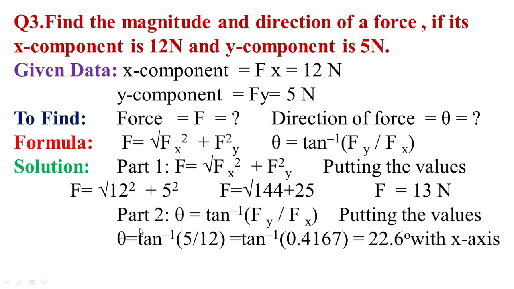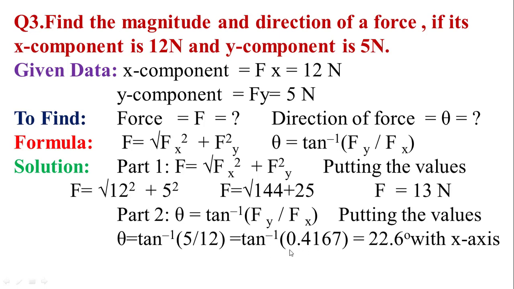Now in part 2 we find the direction theta. Theta is equal to tan inverse F of y upon F of x. Putting the values, we have theta is equal to tan inverse 5 upon 12. F of y is 5 and F of x is 12. 5 divided by 12 is equal to 0.4167.